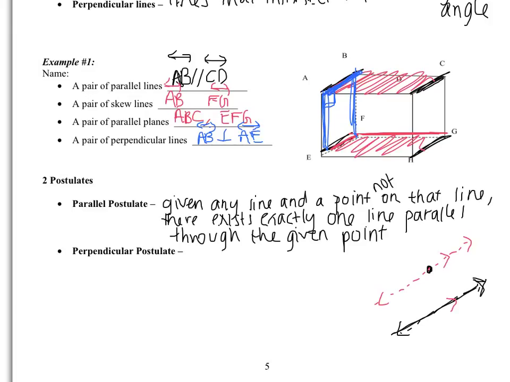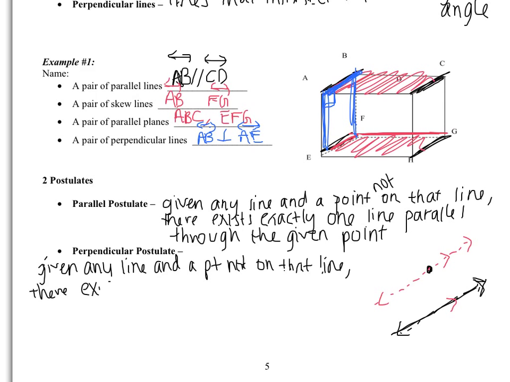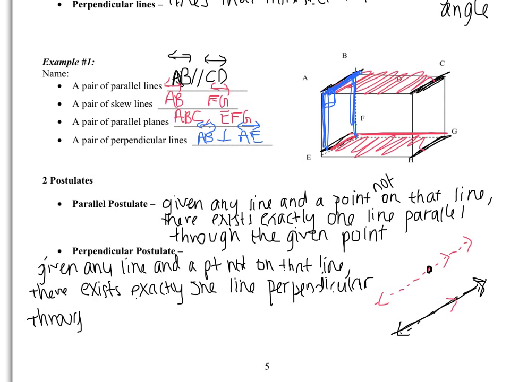Okay, perpendicular postulate is exactly the same, except instead of the word parallel, it's going to be the word perpendicular. So, given any line and a point not on that line, there exists exactly one line perpendicular through the given point.